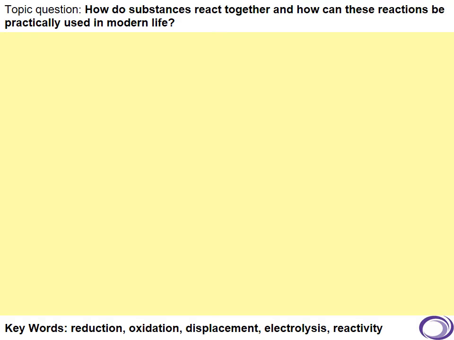So our salt is calcium chloride. And our next one, magnesium oxide, reacting with nitric acid, it will be a nitrate, and the metal is magnesium, so it will be magnesium nitrate.